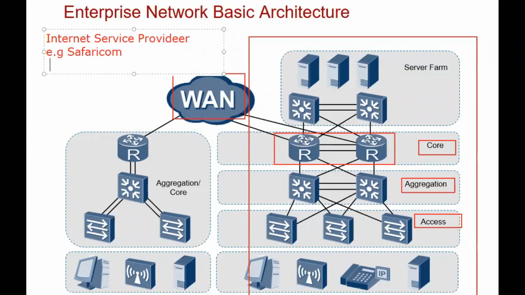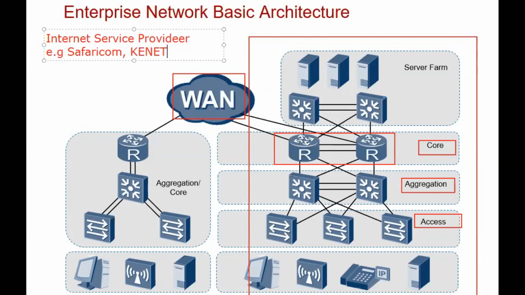When we come to universities and other institutions of higher learning, we have what we call KENNET, the Kenya Education Network. They're the ones mandated by the government to provide internet to educational institutions. So at the core layer, you have a router that connects you to your internet service provider.